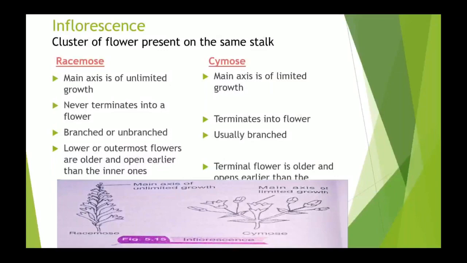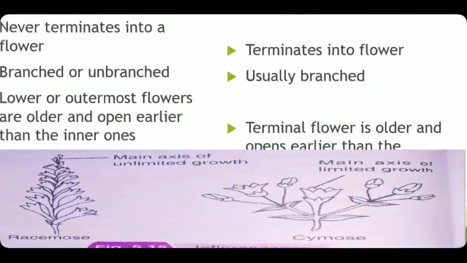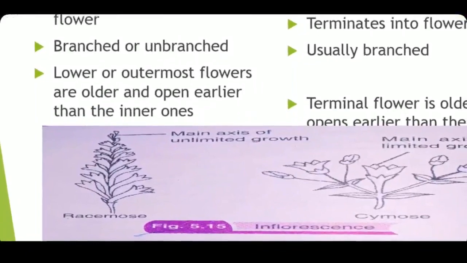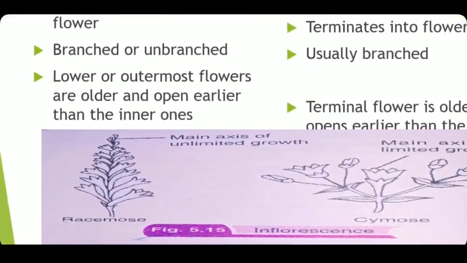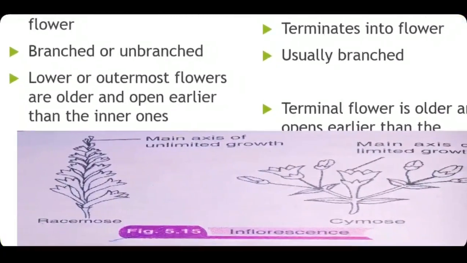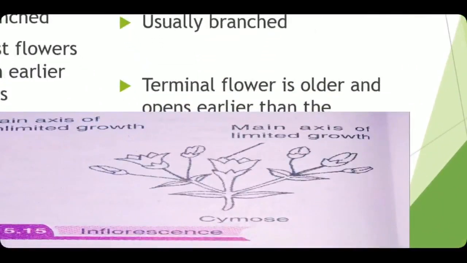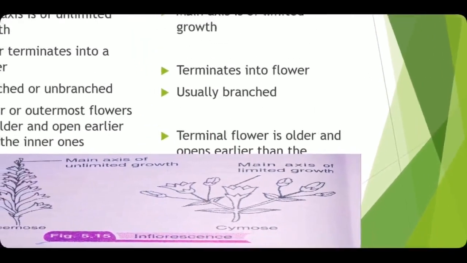In racemose, the main axis is of unlimited growth. Here in this picture you can see that the main axis is of unlimited growth. Axis means the central portion. And in cymose, the main axis has a flower at the center, so it is of limited growth.